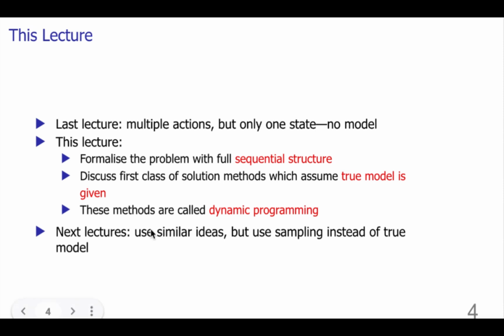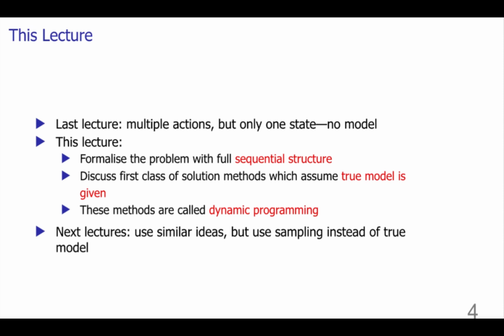From the algorithms perspective, we consider dynamic programming, because dynamic programming is a set of algorithms in general. It's a discipline, or a sub-discipline, I would say, that lets you come up with optimal values of states or action values in a reinforcement learning environment, given the true model.